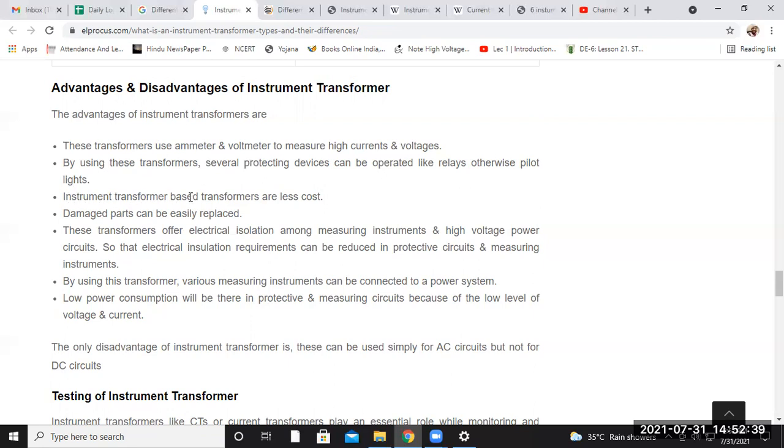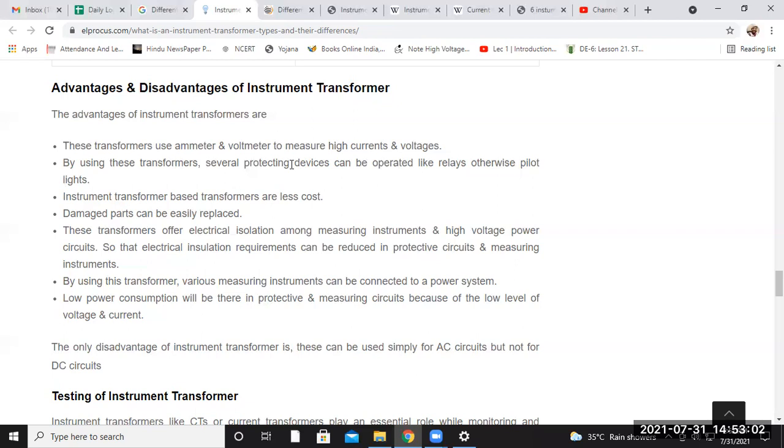Third point is instrument transformers cost less. Less cost means it is economically sound. As you know, the voltmeter and the ammeter that we use with the CT and PT are of lower ratings. If the rating is lower, the cross sectional size of those equipments will be smaller.